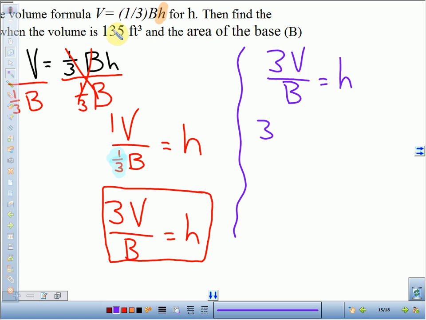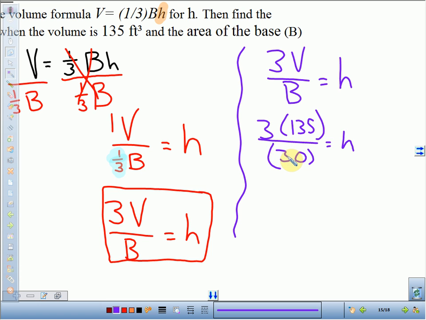The volume is 135, so I will replace V with 135. I will replace the area of the base B with 30.